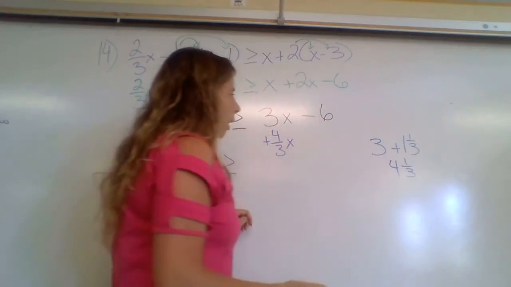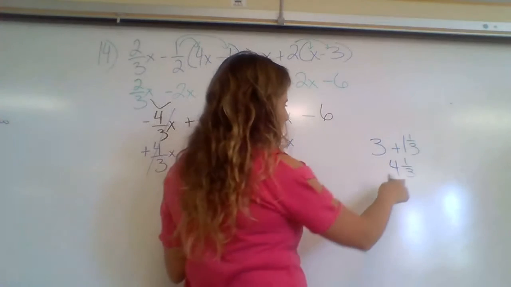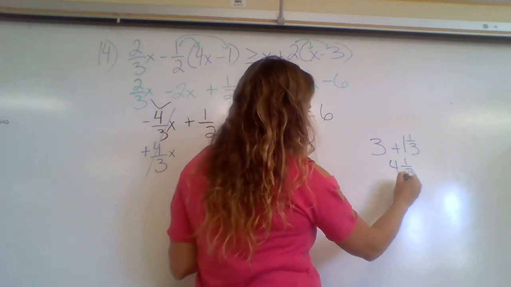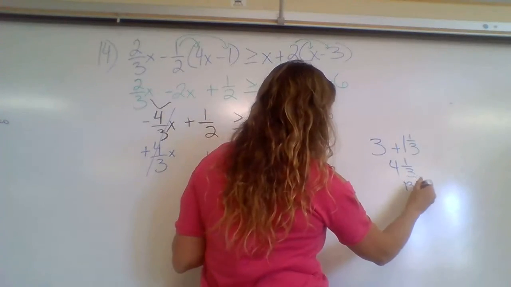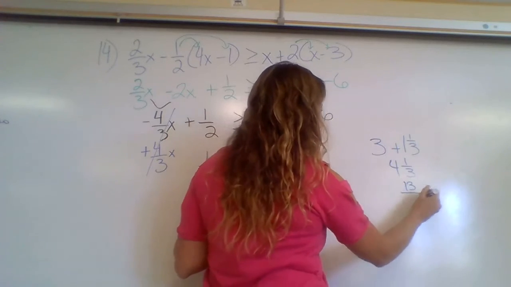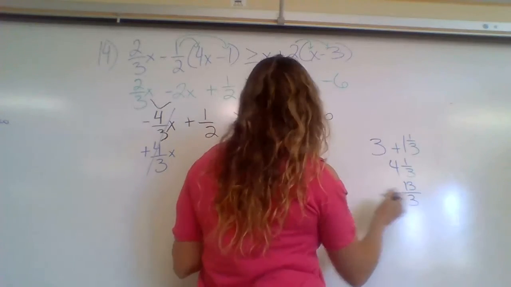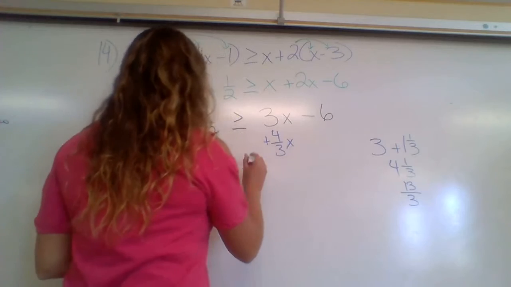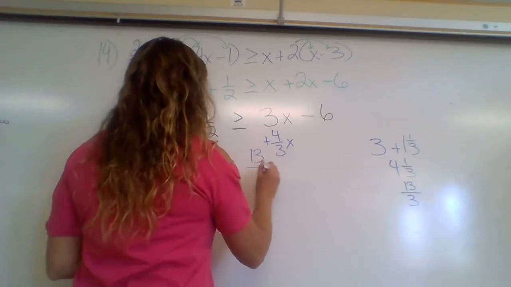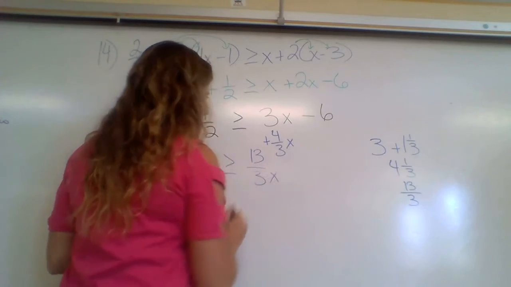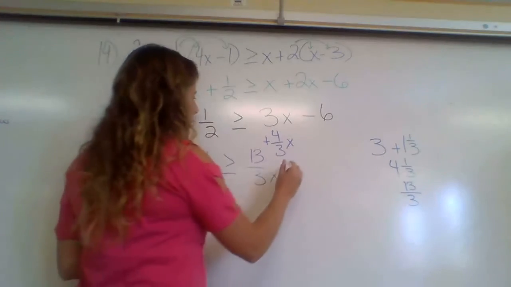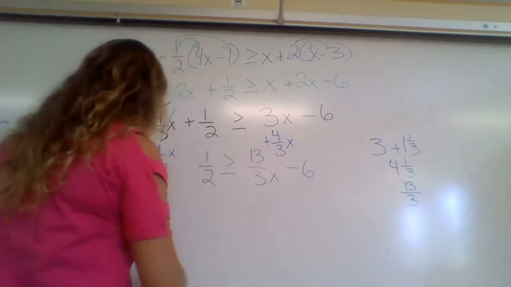And then how do you make that back into an improper fraction? 3 times 4 plus 1, 13 over 3. So I'm going to leave it like that. So that's 13 over 3x. And then rewrite minus 6. All right.